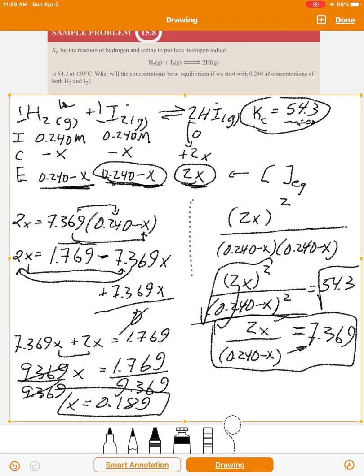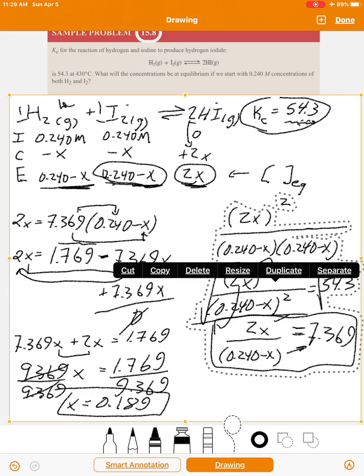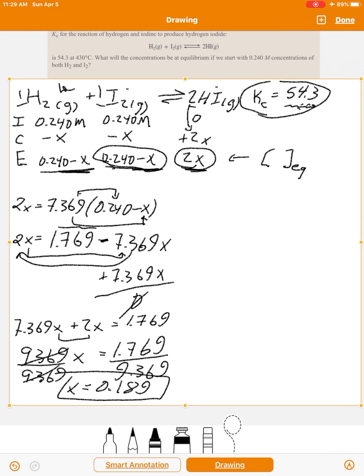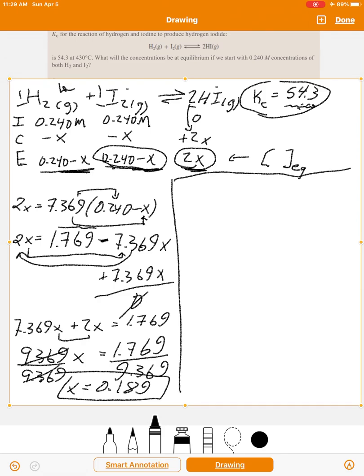So let me work over here. We figured out what x is. So the concentration of H2 at equilibrium, by the way, is the same as I2. They're exactly the same. So that's equal to the concentration of I2 at equilibrium.